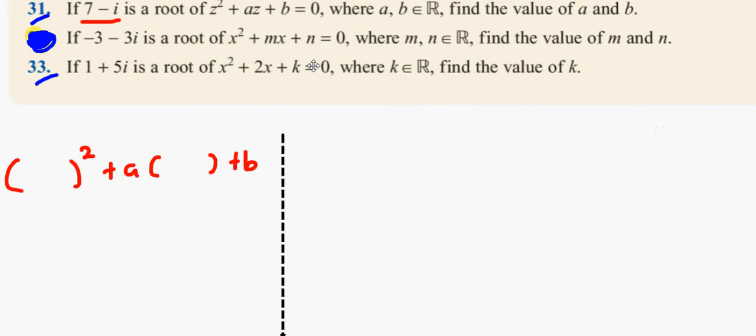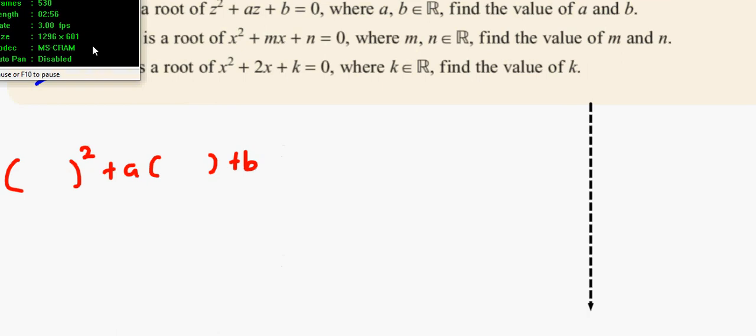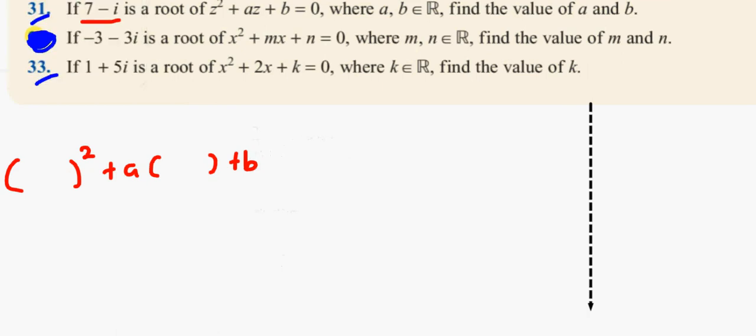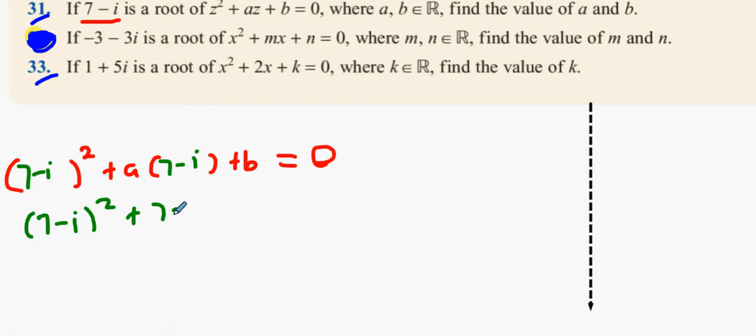Now, guys, what we have here is 0, okay? Now, what's going to happen is we're going to replace x with 7 minus i. Like so. And when we replace them both with 7 minus i, what happens then? 7 minus i squared plus 7a minus 7i plus b equals 0.